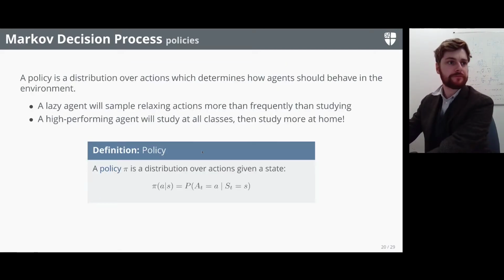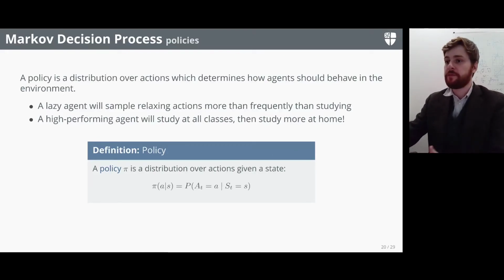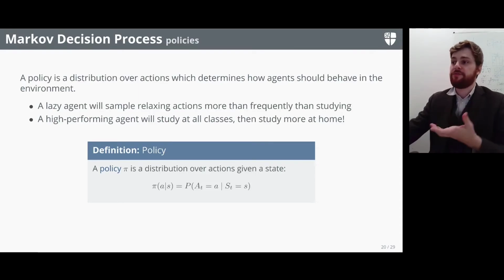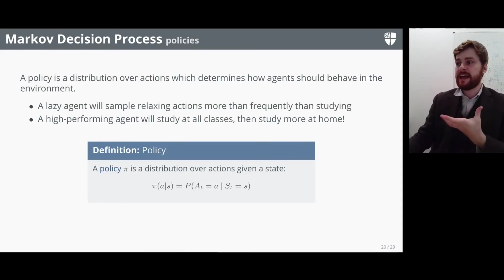Okay? So this is really what a policy is. A policy is a distribution over the actions which determines how agents should behave in the environment. So the distributions over the actions or actions given the states. So in other words, if you're in some state S, then the agent can learn a distribution over which actions it should take.